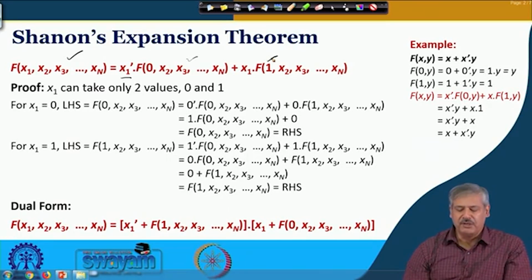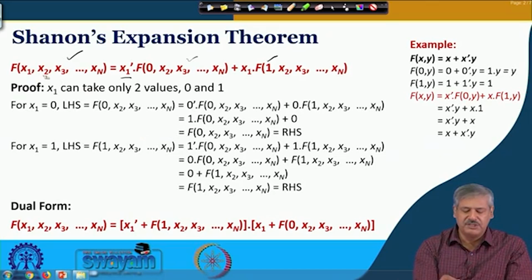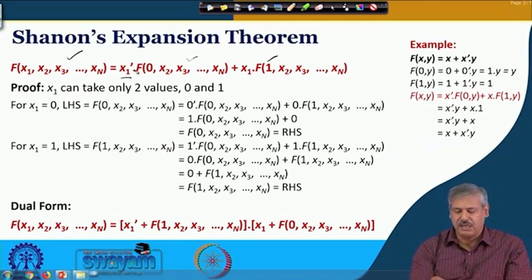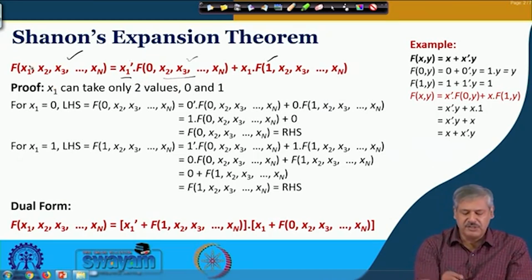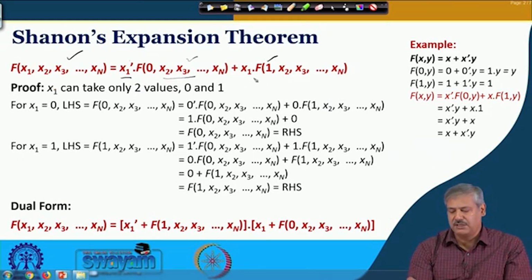And the proof is simple. In the left hand side, if you place x1 is equal to 0, then only the 0 term is there, and in the right hand side, when you place x1 is equal to 0, so 0 prime is 1. So, this one, the 1 ANDed with this term, so this term will be remaining. And in the other term, 0 ANDed with the rest of the thing is 0.